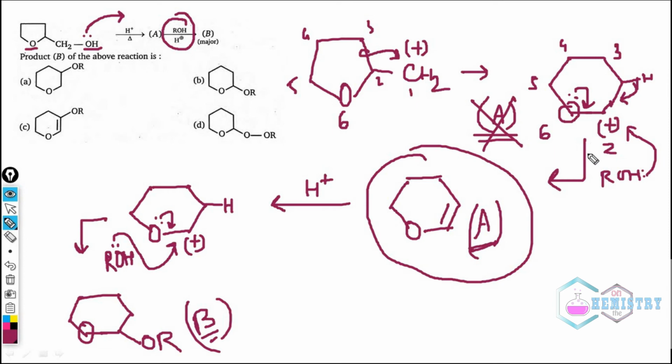So these two intermediates are same in nature, but we must form this compound A after or before attacking ROH. So basically, which is the correct answer now? B is the correct answer, as we can see. And A is that this compound is A.